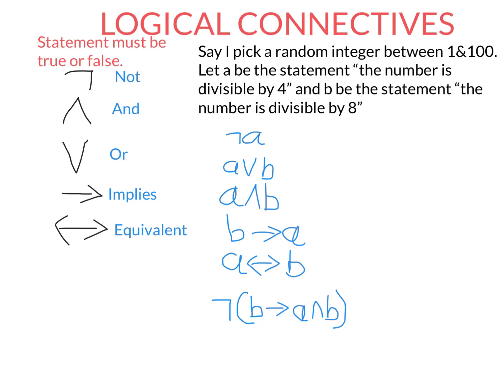Thank you so much for tuning into this video in which we will look at logical connectives. We're looking at symbols that connect statements. So in maths, a statement must be true or false. Something like 20 is divisible by 5 is a statement because you can determine whether or not it is true.